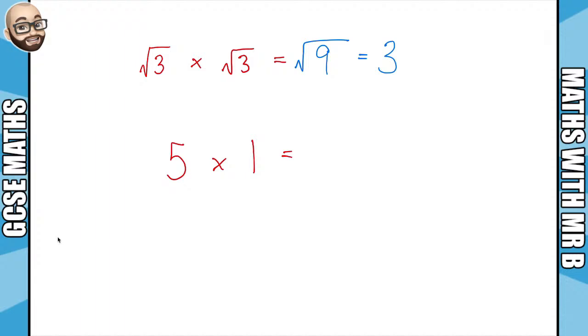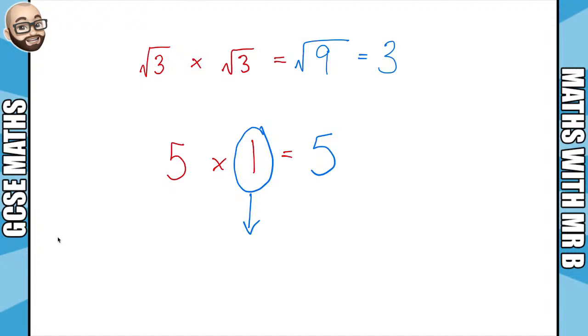The other thing, and this is a very basic technique, is anything times by 1 is still itself. It hasn't changed. So 5 times by 1 is still 5. But what we could do with this 1 is write it in a different way, because anything divided by itself is still 1.